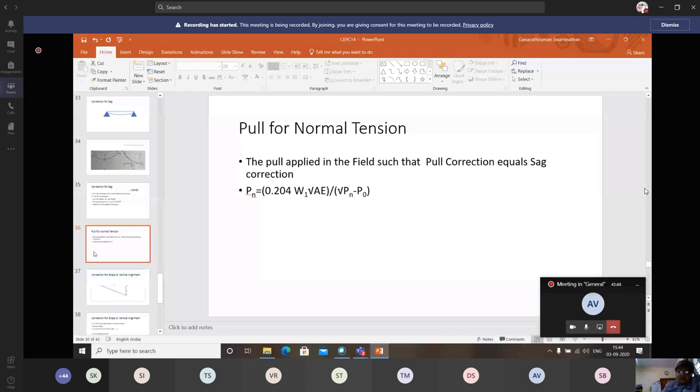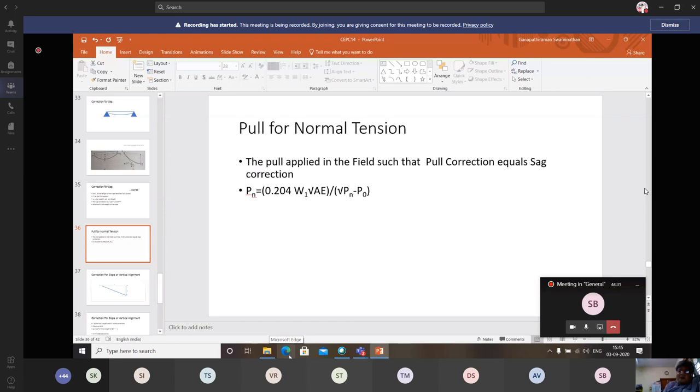Pn, the pull for normal tension, is equal to 0.204 into W1 square root of A into E divided by square root of Pn minus P naught, where W1 is the weight of the tape, P naught is the designated pull of the tape, and Pn is the pull for normal tension. The root is for the complete A into E.